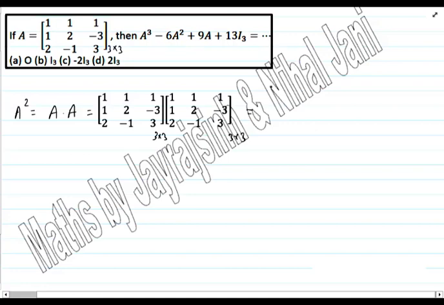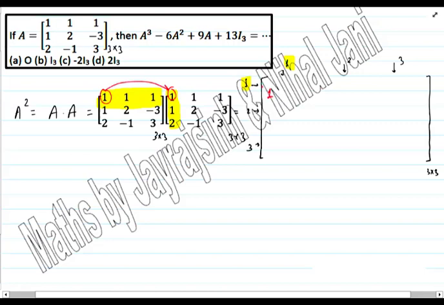So without wasting time, let's get our resultant matrix, which also has 3 cross 3 order, 3 rows, 3 columns, and lots of work to do. The first element, which is in first row, first column, so we will multiply the corresponding terms and get 1 plus 1 plus 2.